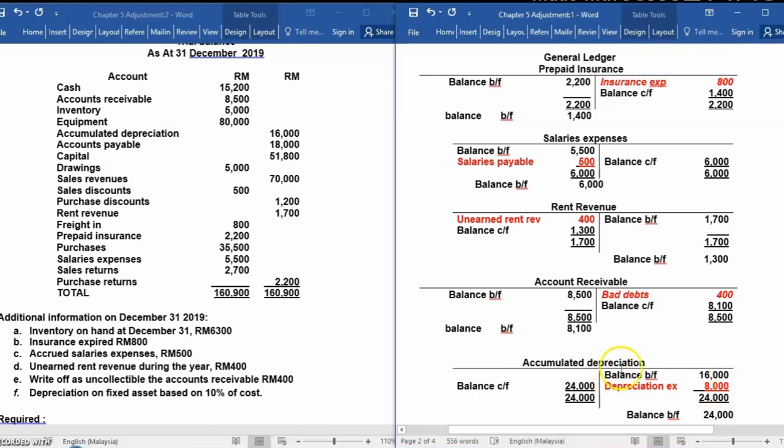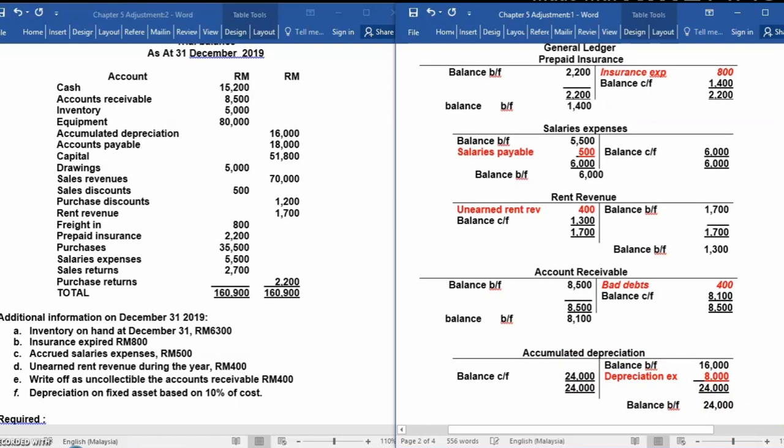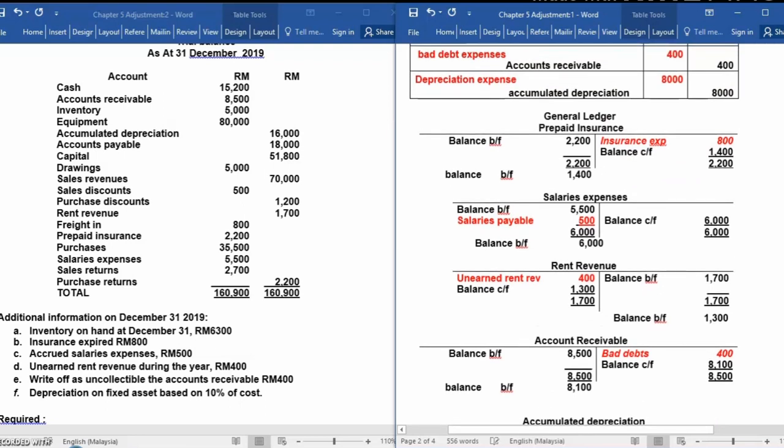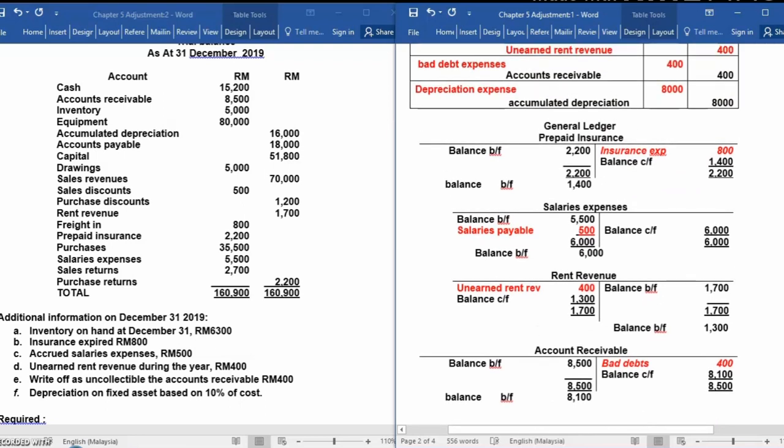So accumulated depreciation will increase from 16,000 to 24,000. After finishing all the records, you can refer to the adjusted journal entry: debit depreciation expenses and credit accumulated depreciation. Now, we have to prepare the adjusted journal and adjusted trial balance.